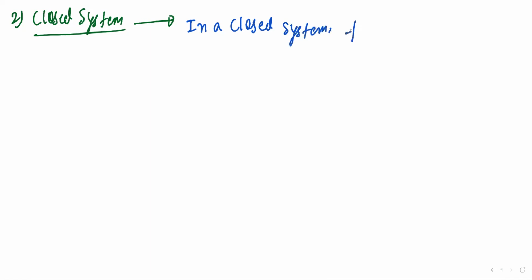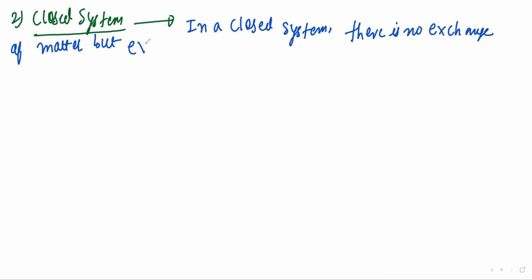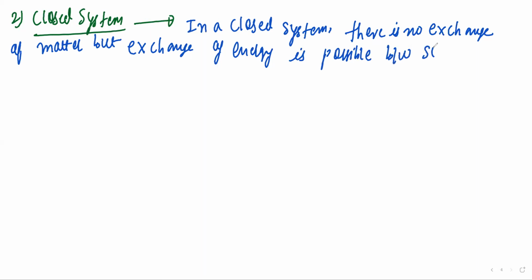In a closed system, there is no exchange of matter, but exchange of energy can happen only, between system and surrounding.